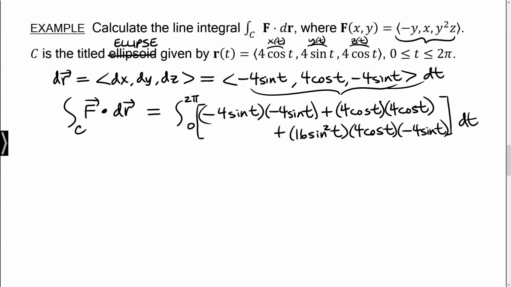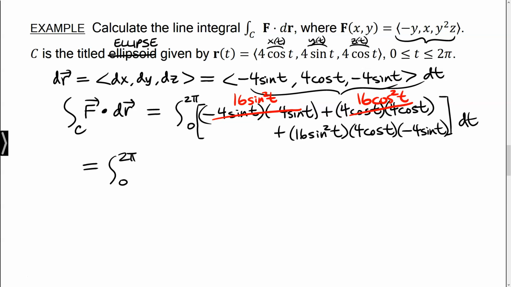Obviously this is going to be able to be cleaned up quite a bit. Most importantly, these first two terms here. This is 16 cosine squared t. This is 16 sine squared of t.